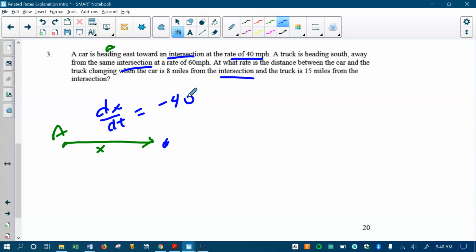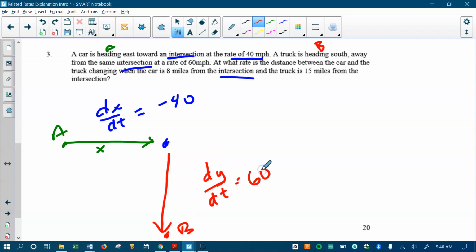A truck, we'll call it truck B, is heading south away from the same intersection. Here's B. Because it's heading away from the intersection, we would expect its rate to be positive 60. Again, the reason this is a positive 60 is because this truck is moving away from the intersection, so its distance is increasing.